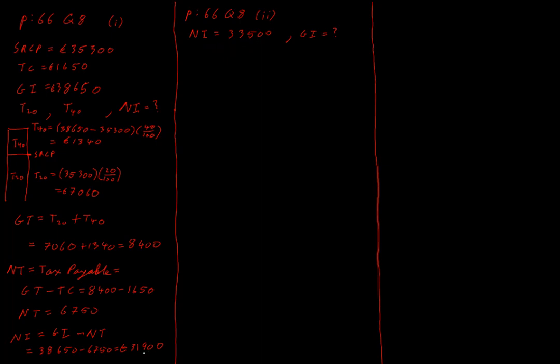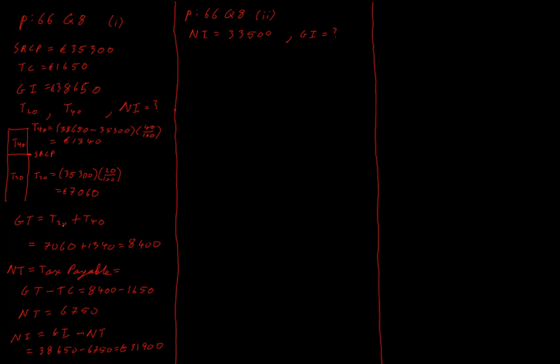So we found out at the end of the last part that her income was 31,900. She's now gotten a raise, and she now has a net income. The income she gets to take home is 33,500. So what we're going to have to do is follow the steps backwards to get back to our original amount of money. So let's write out each formula in turn.